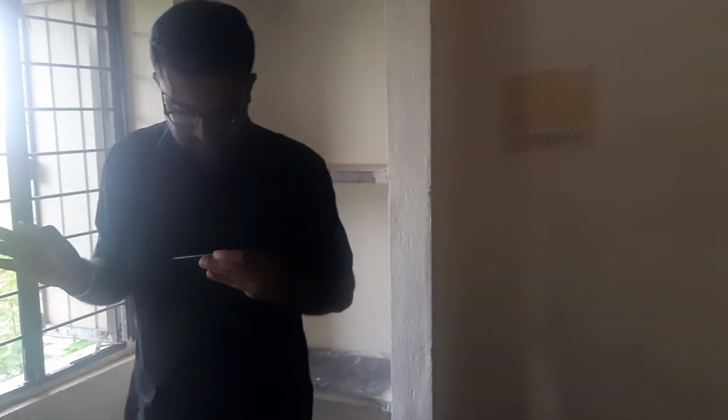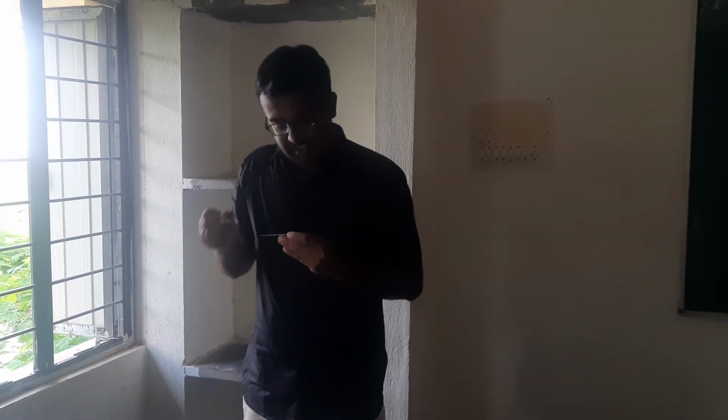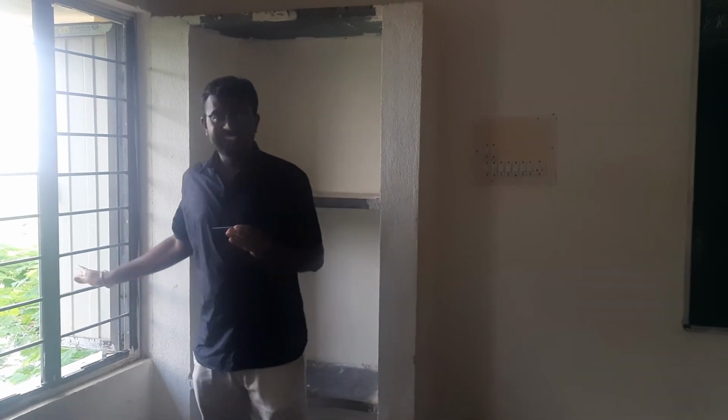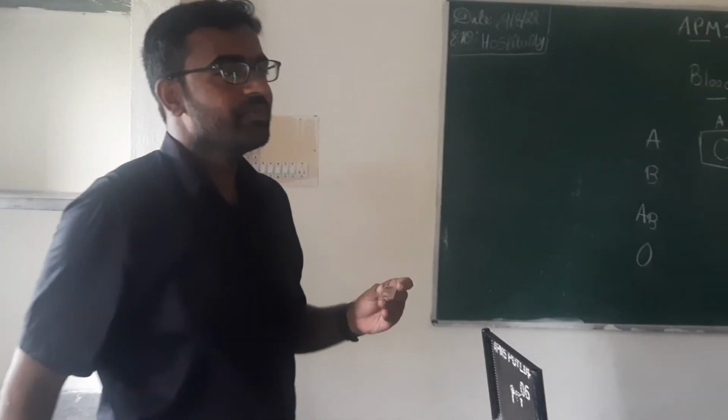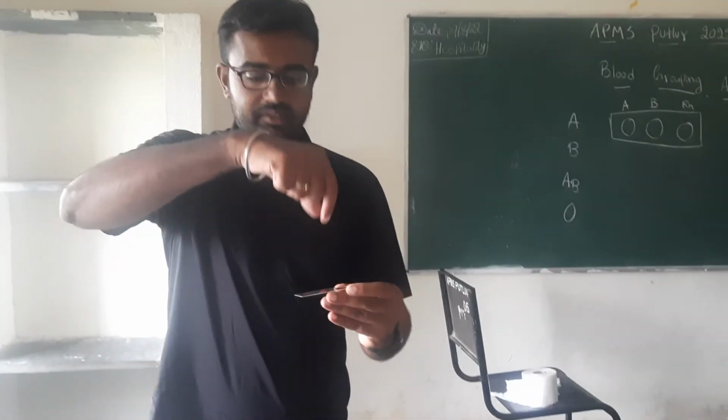There is no clotting in B also, so Kirtana's blood group is not B. There is no clotting in RH either. So there is no clotting in the 3 circles. What is our blood group? O negative. As there is no clotting in these 3, the blood group is O negative.